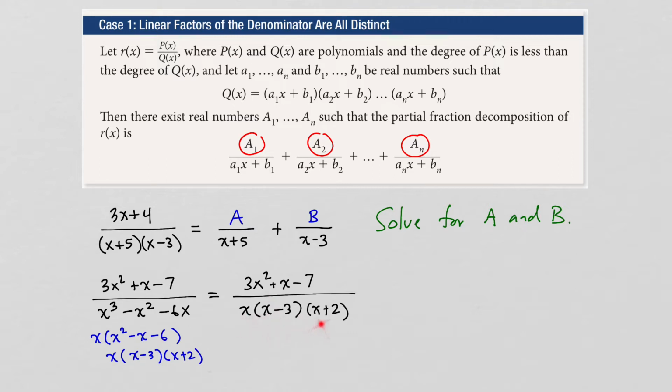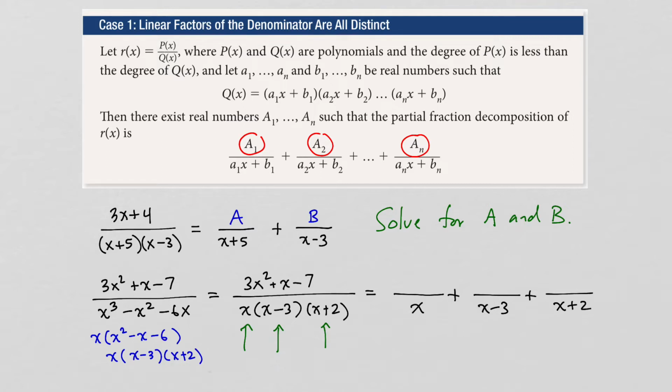So because we have 3 distinct linear factors, when we break this up into the sum of our partial fractions, each one of these fractions is going to contain a single factor from that denominator. So the first fraction will have an x in the denominator, the second one will have an x minus 3, and the last one will have an x plus 2.